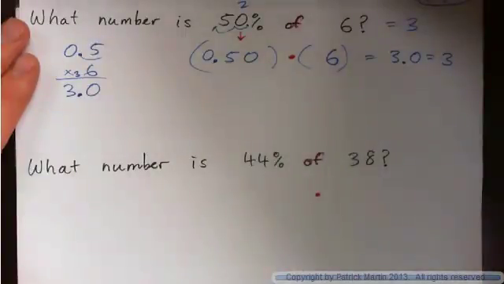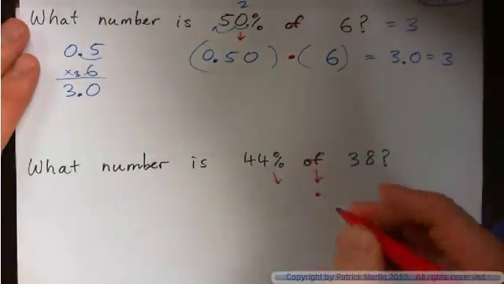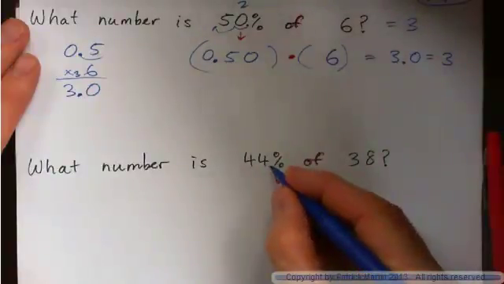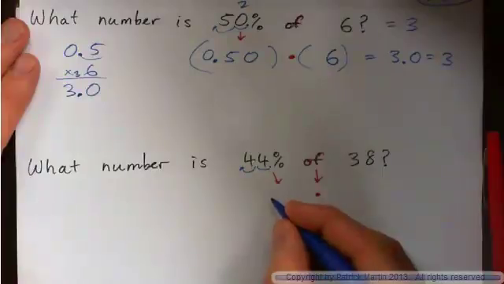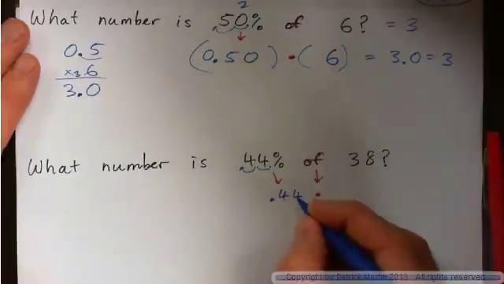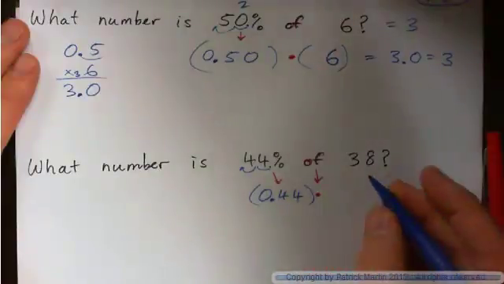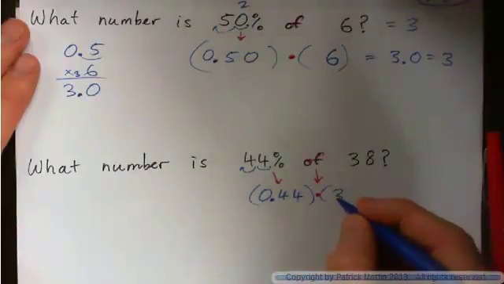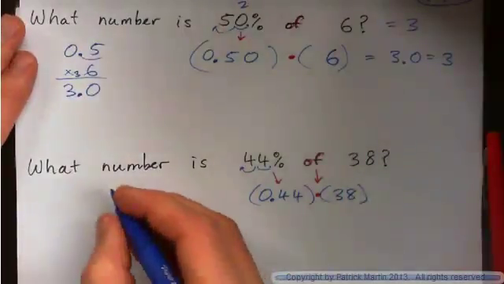Turn 44% into a decimal: I can move the decimal point 2 spaces to the left, giving me 0.44, multiplied by 38, right? So if I go 0.44 times 38, I'll get the answer.